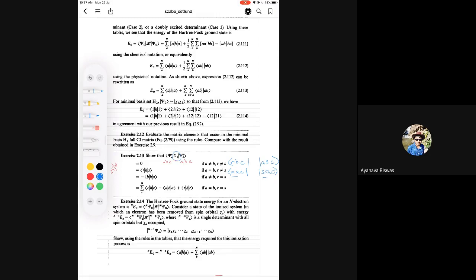These are all spin orbitals. No, no, I mean in the previous cases the terms were theta 2. This is just theta 1. We are only considering theta 1 here. Yeah, the question says theta 1 only. So it's just the one body, one electron part of the Hamiltonian.